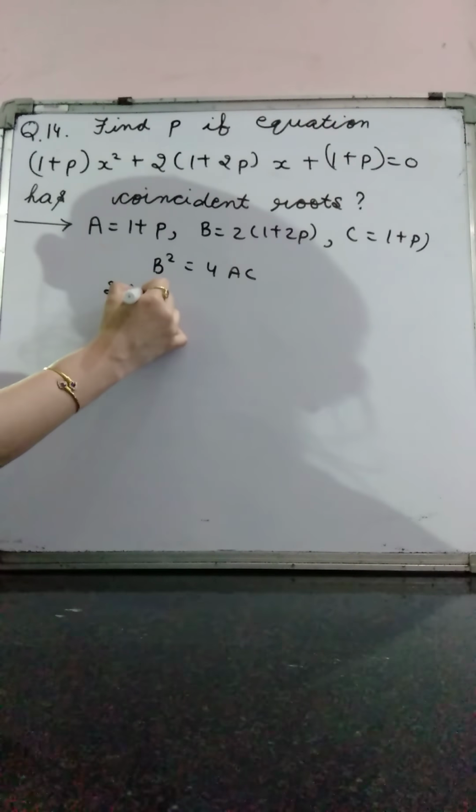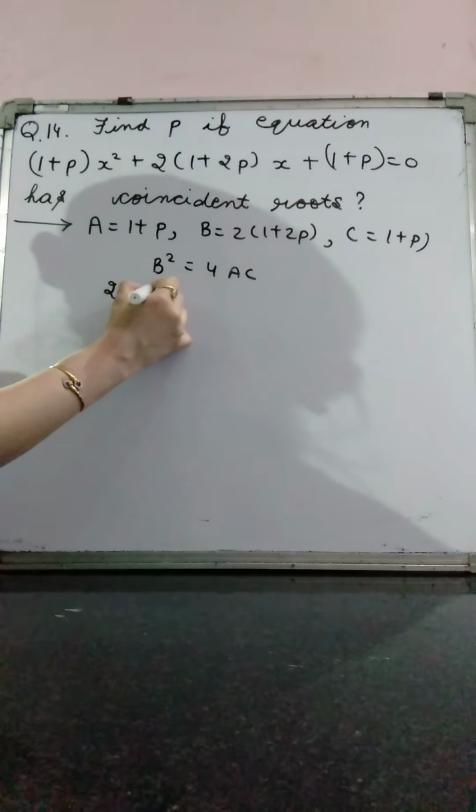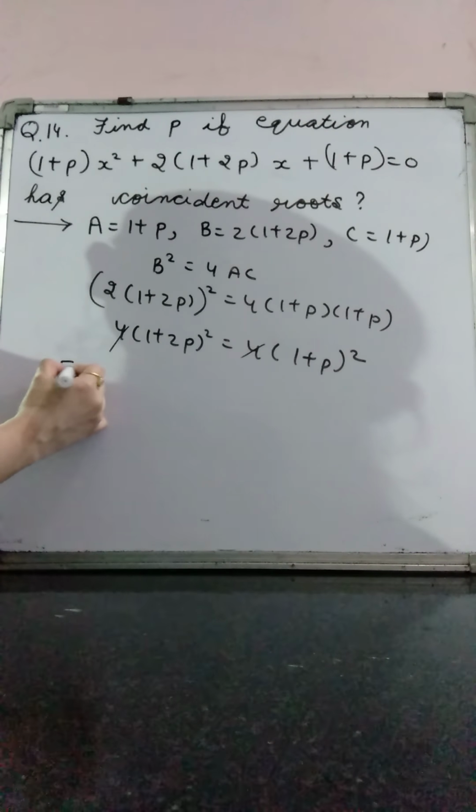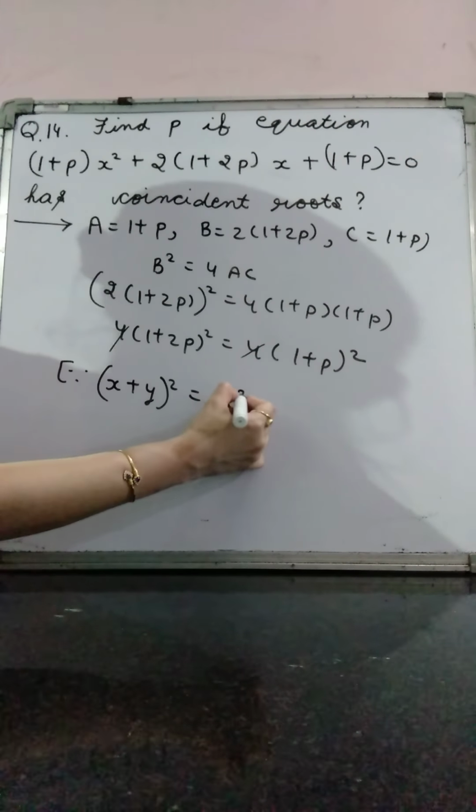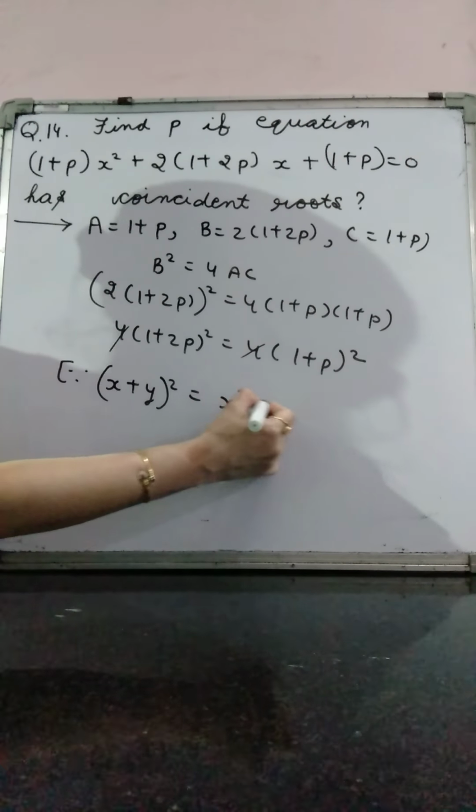Now substitute values. 1 plus p and 1 plus p. 2 square is 4. 1 plus p will be 1 plus p whole square. Cancel out. Now apply the identity. x plus y whole square is given by x square plus y square plus 2xy.